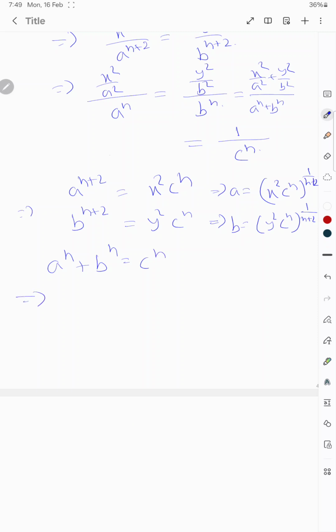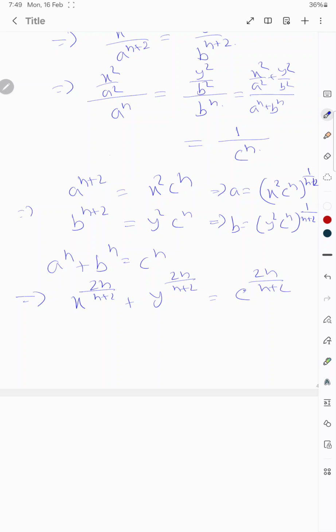If you substitute, from there you will get x to the power 2n by n plus 2 plus y to the power 2n by n plus 2, equal to c to the power 2n by n plus 2.